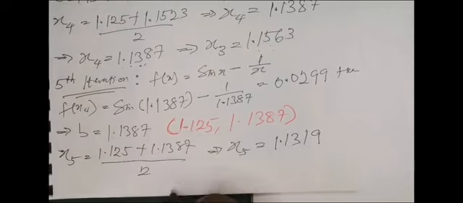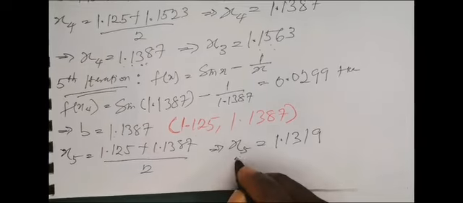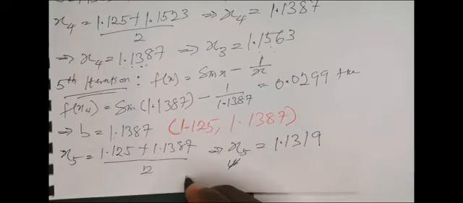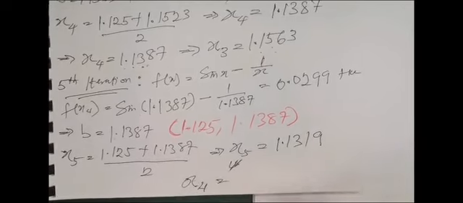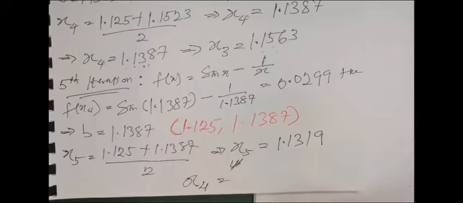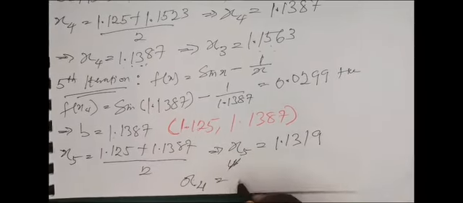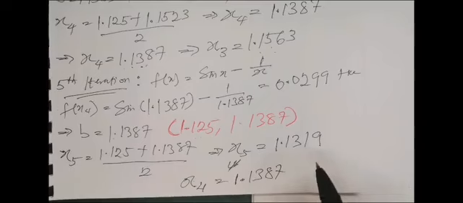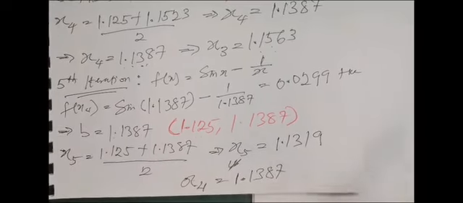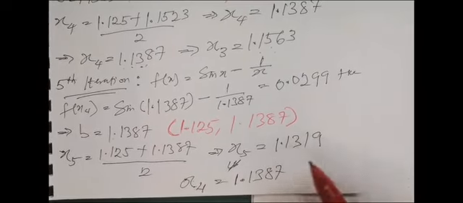So we can compare these two, S4 and S5. S4 we had 1.1387, and S5 now we are having 1.1319, again correct to 2 decimal places.